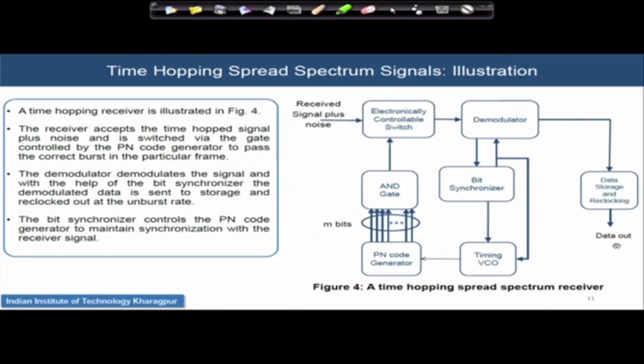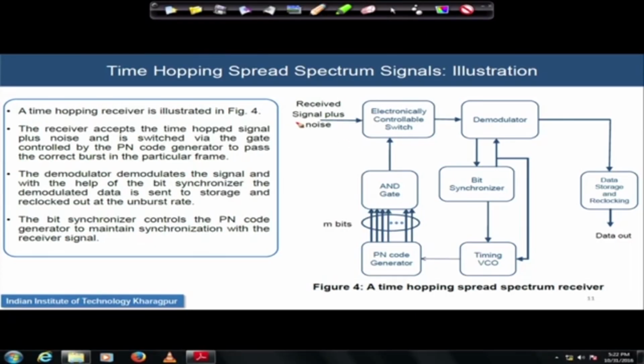This is the time hopping spread spectrum signal generation and receiver circuitry. The way it works is like this. You have received the signal plus the noise, the time hopped received signal, and this is the first block with the electronically controllable switch, and the switch is operated by an AND gate, which is finally driven by the PN code generator.